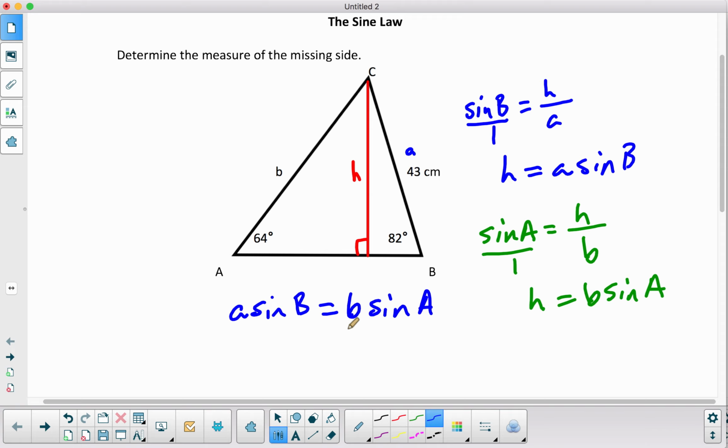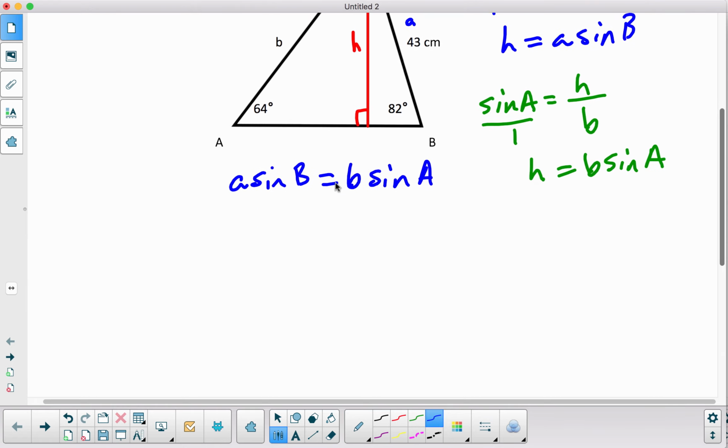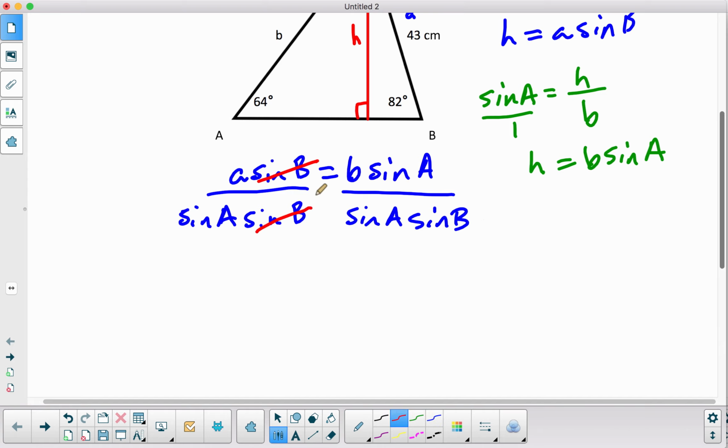We have A sine B equals B sine A. However, we're used to seeing this expressed with both letters on the same side of the equation. So I'm just going to do a little rearrange here. I'm going to divide both sides by sine A times sine B. And then you see on the left side, the sine B's are going to cancel, and on the right side, the sine A's are going to cancel.